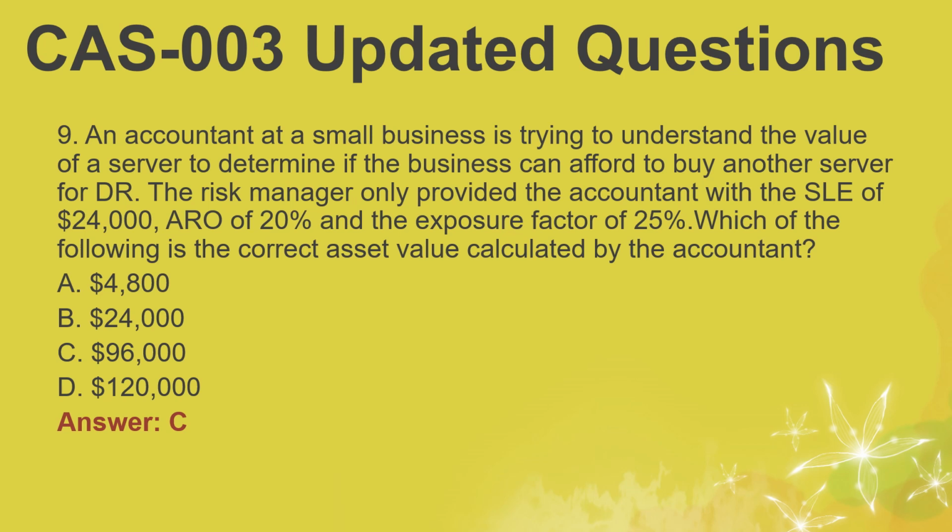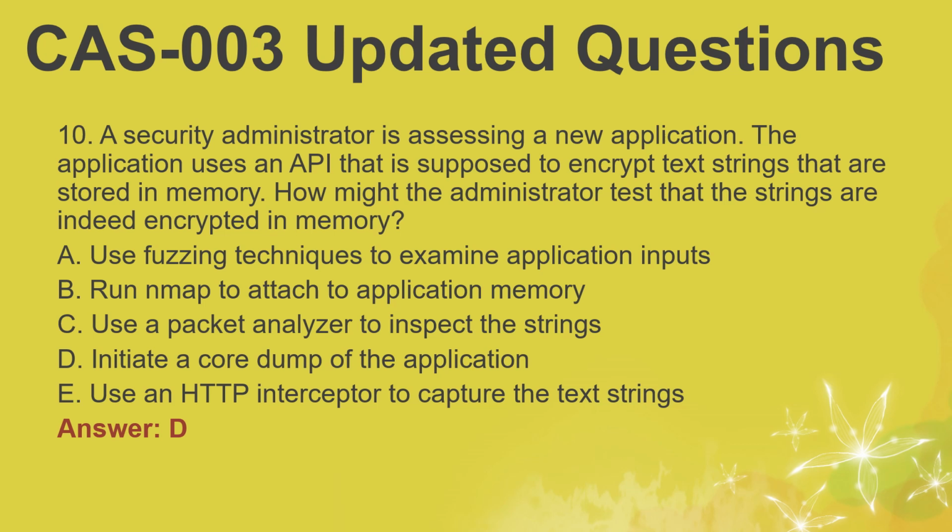Answer, C. 10. A security administrator is assessing a new application. The application uses an API that is supposed to encrypt text strings that are stored in memory. How might the administrator test that the strings are indeed encrypted in memory? A. Use fuzzing techniques to examine application inputs.